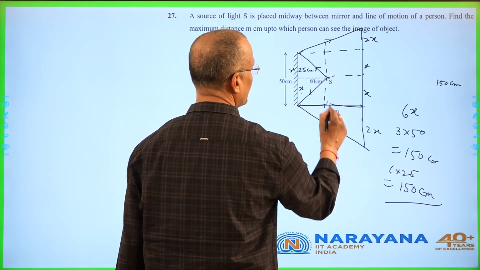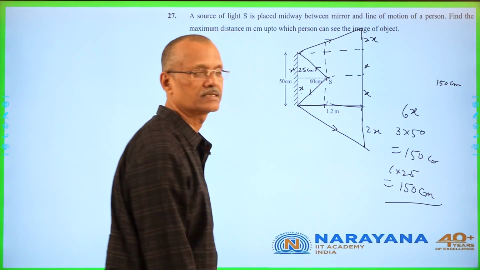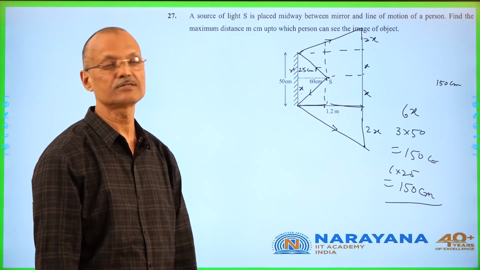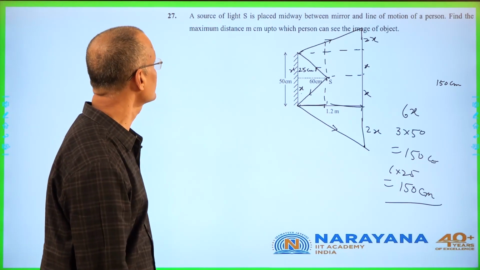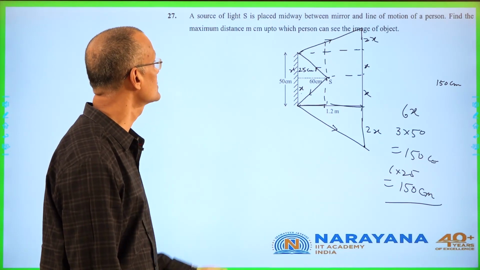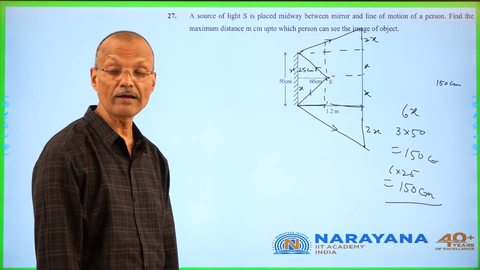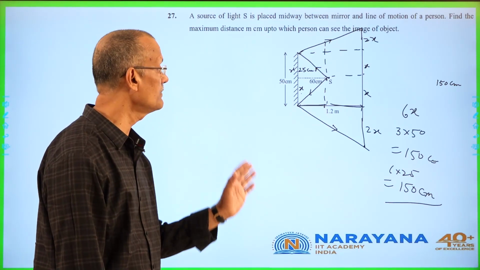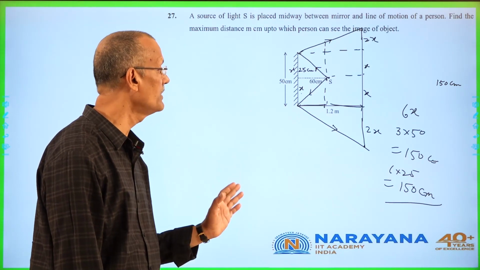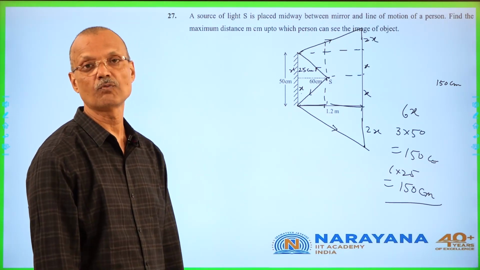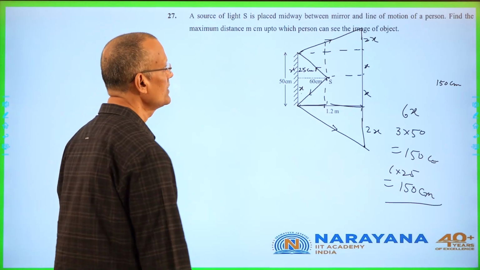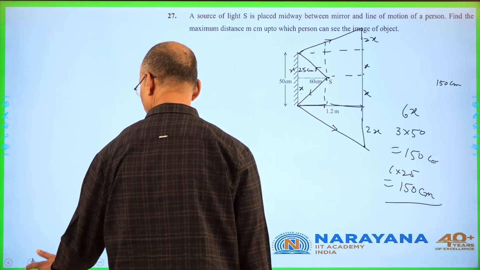So if it will be x, this will become 2x. Total is 6x, 6 into 25. They had asked you to find the maximum distance up to which person can see the image. Person is walking, he can see the image of source in the mirror up to a distance of 150 centimeter. Clear? The answer for this is 150.